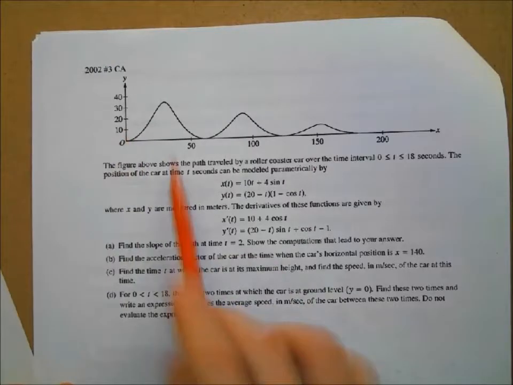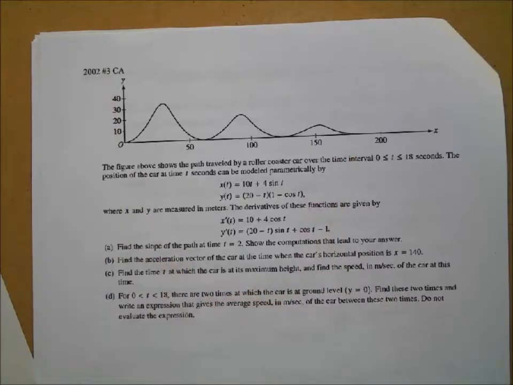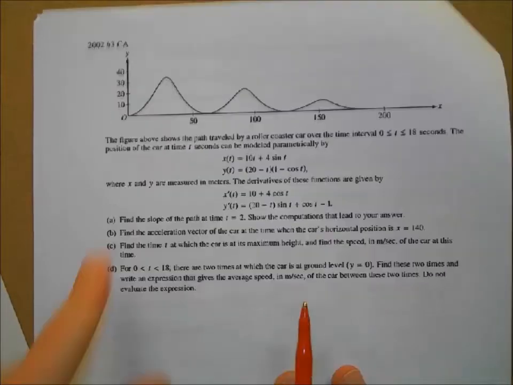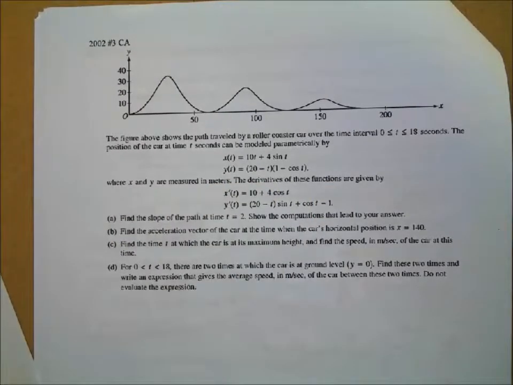So this more closely represents what the roller coaster would look like. This is actual position, not time versus height, so it's a little bit more precise. And then they also give you the derivatives, which is very nice of them to do.